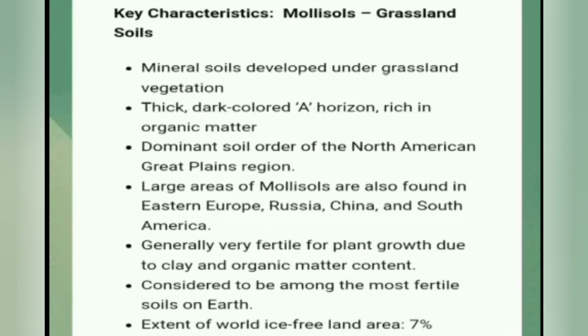Large areas of mollisols are also found in Eastern Europe, Russia, China, and South America. Generally very fertile for plant growth due to clay and organic matter content. Considered to be among the most fertile soils on Earth. And last, extent of world ice-free land area is 7%.